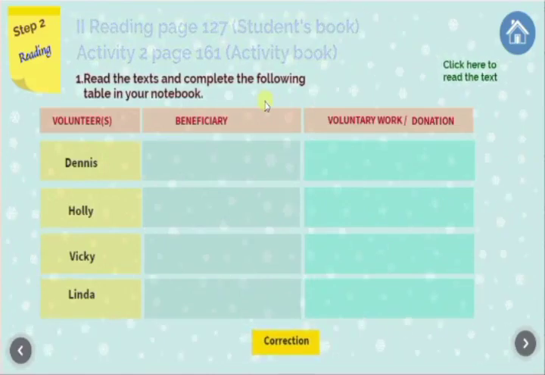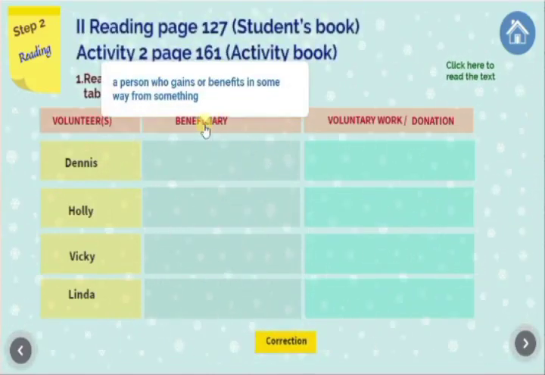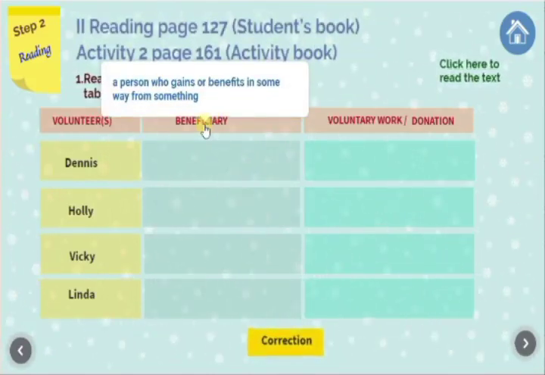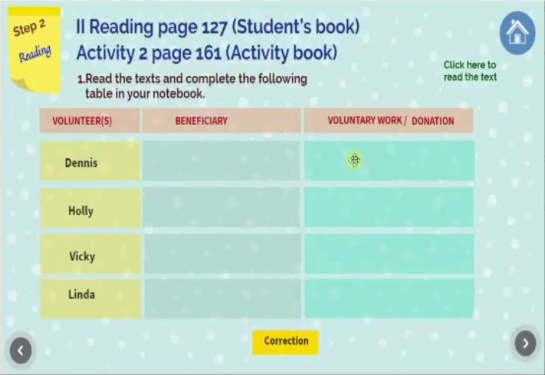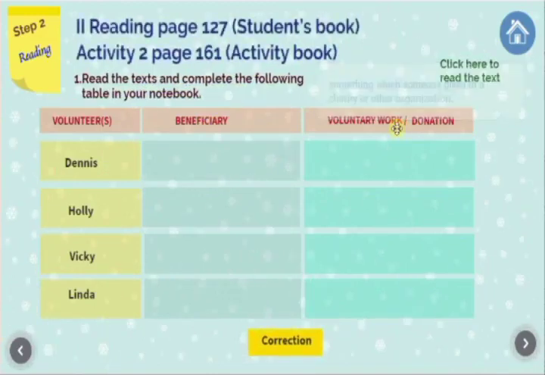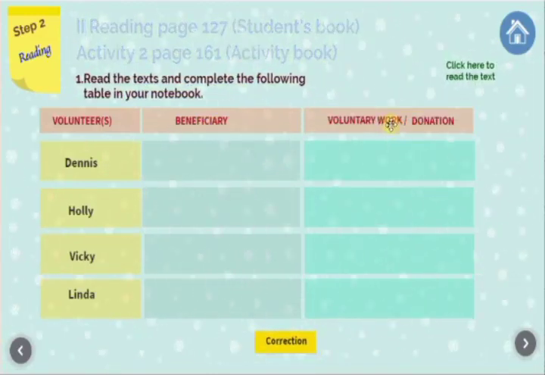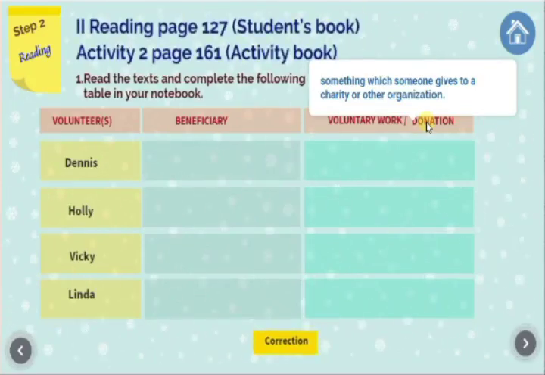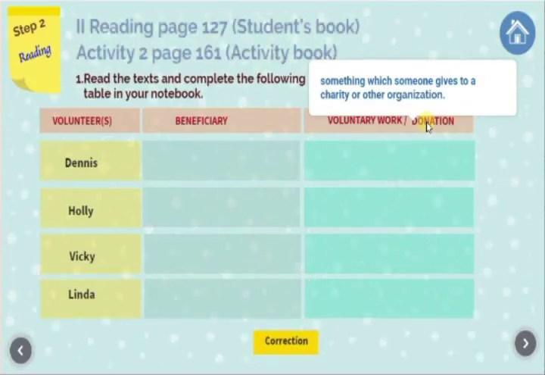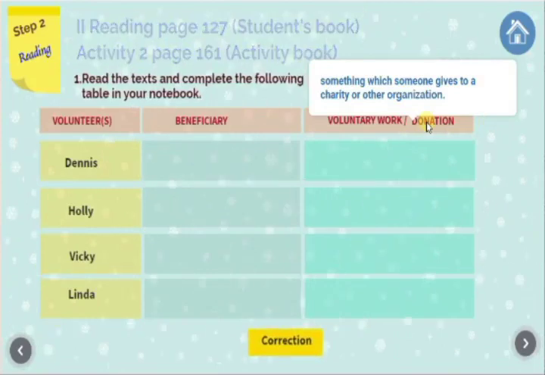So beneficiary means, as you can see, a person who gains or benefits in some way from something. Concerning voluntary work, we have already explained it. The word donation means something which someone gives to a charity or other organization.